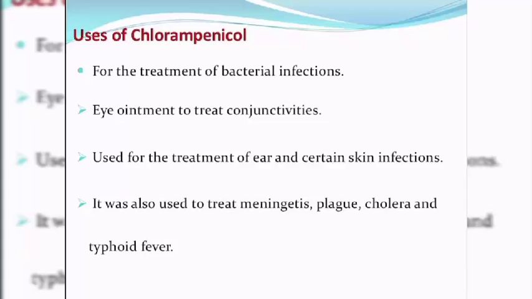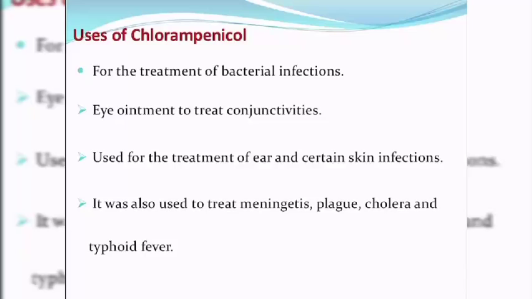Conjunctivitis means it is the inflammation or infection of the outer membrane of the eyeball and the inner eyelid. So the infection, what we can see in our eye, the white part, will get infected due to bacterial infections. So for that, we are going to use the ointment which consists of chloramphenicol.